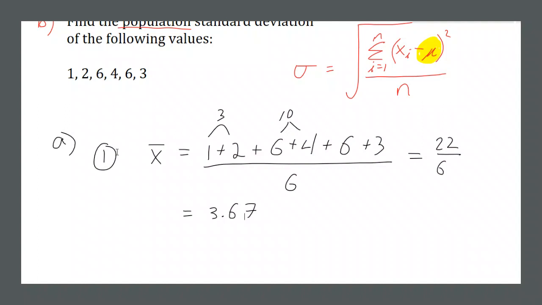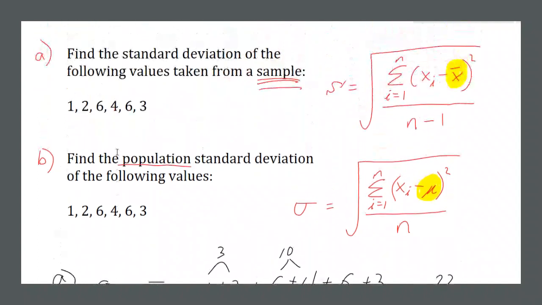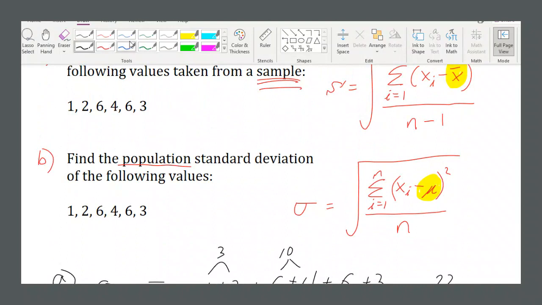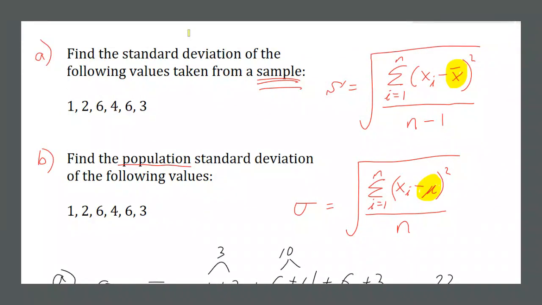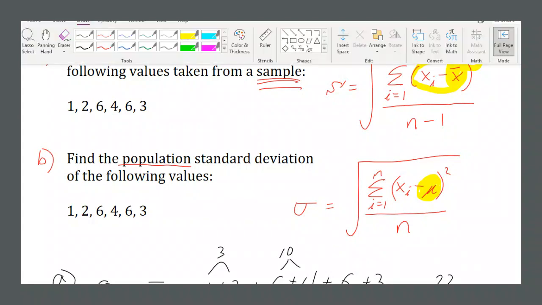So that's step one. Now that we have our sample mean, we want to calculate the difference between each data point and the sample mean, and then we want to square those differences, and that is most easily done with a table.